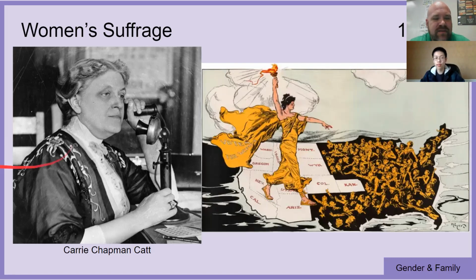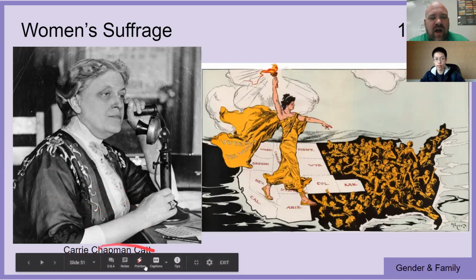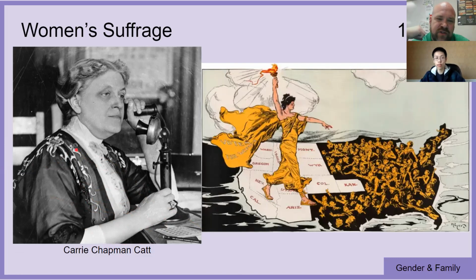Now, Carrie Chapman Catt, she's a lawyer. She's super smart. She's running all these organizations, and she has organizations basically in all the states, organizing all these local leaders. But the women's rights movement is just chomping at the bit, right? We've gotten into this progressive era.